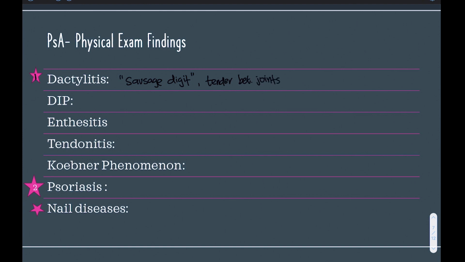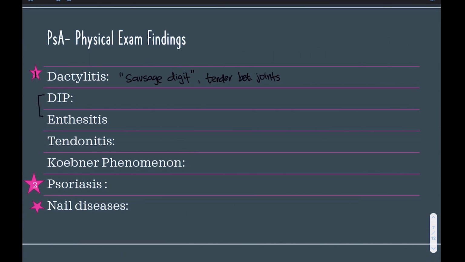Next, DIP involvement. We discussed it already, but one thing I will mention here is that patients with DIP involvement will have worse nail changes. The extensor tendon enthesis is next to the nail root. And what do I mean by enthesis or enthesitis? Enthesis just means that it's a site where the tendon or ligament attaches to the bone.